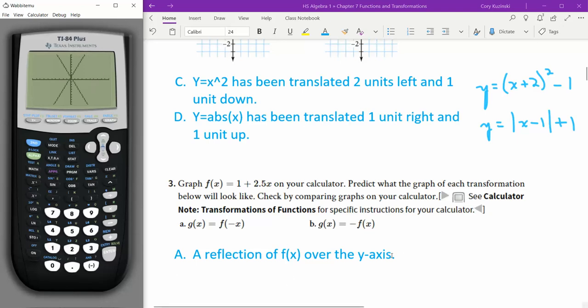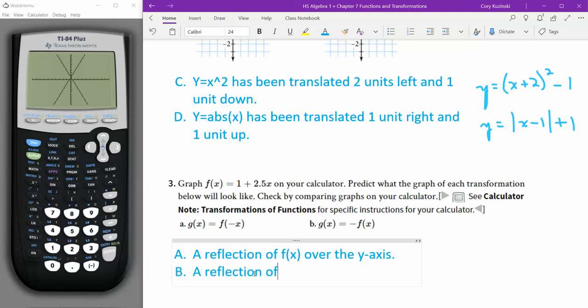Okay. And then b, what's going on there? All right. The negative sign's outside. That means the output is opposite. So this should be a reflection of f of x over the x-axis.